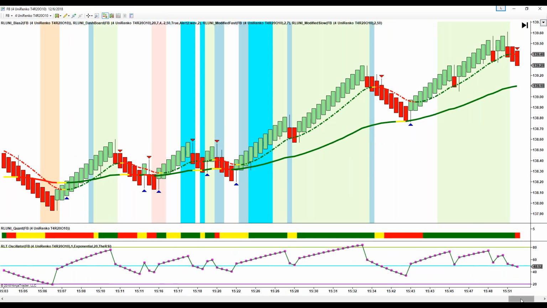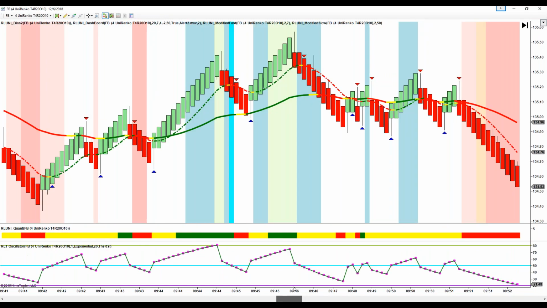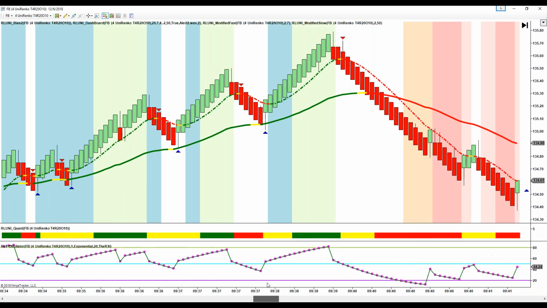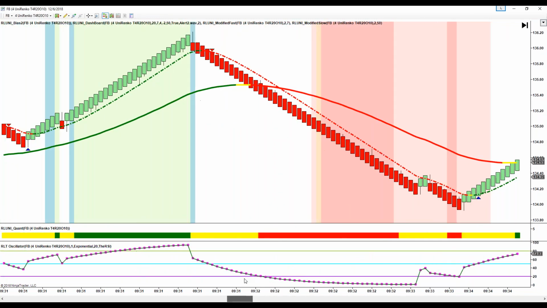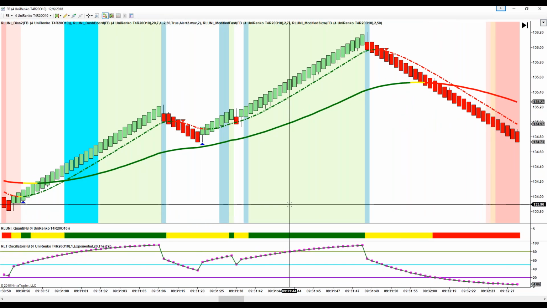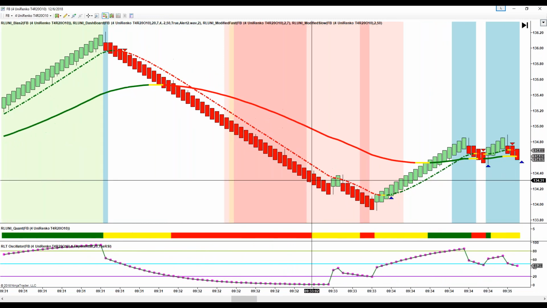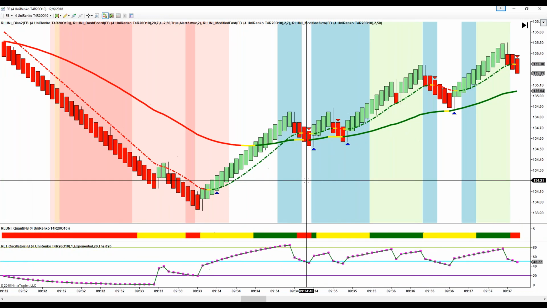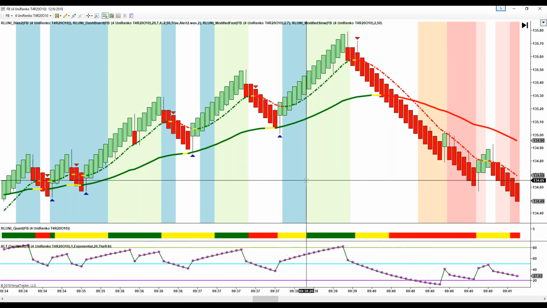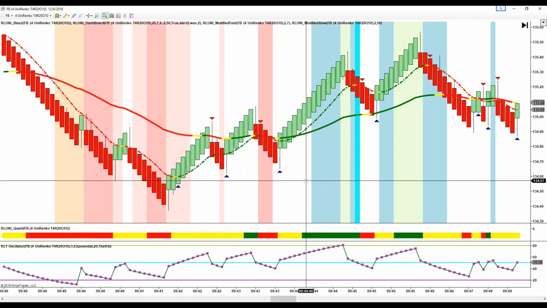Let's start at 9:30 in the morning on Facebook. All right. Here's the move up. We'll have an oscillator. Big move down. No oscillator signal. Got nothing.